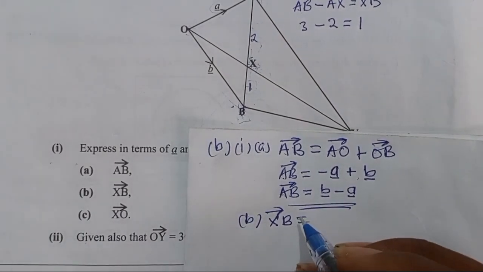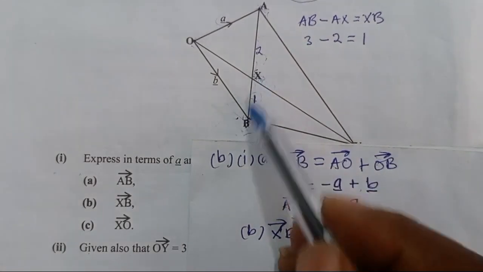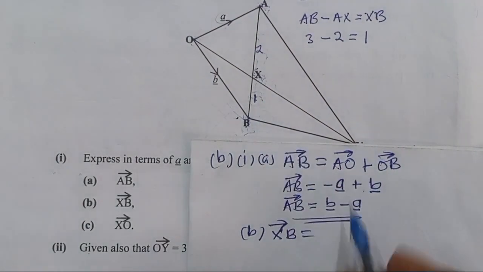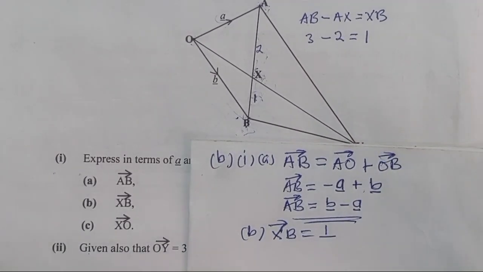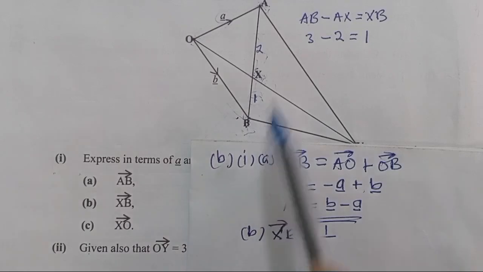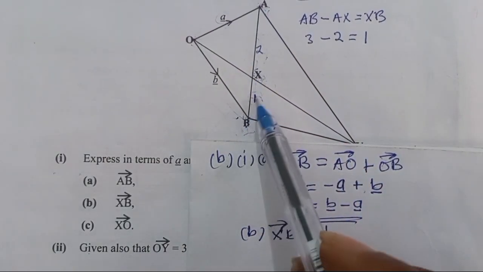XB. So here we are not going to move triangular. Instead, we are going to use the ratios to find XB. So XB is 1. So I'll say 1 over the total ratio, which is 3, 2 plus 1, which is 3.